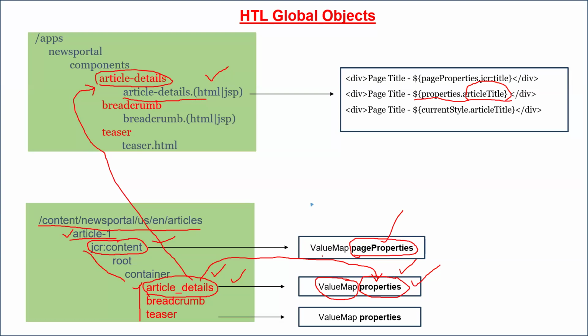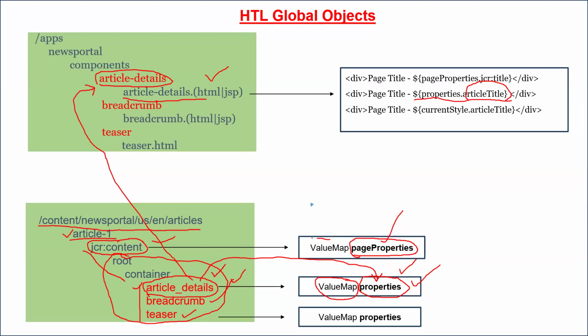And this page properties object will be available to all the components used in this page. The same page properties object would be available to the article detail component, the breadcrumb component, and the teaser component also. Because this is the root node of the page, while executing this root node, the page properties global object will be generated.